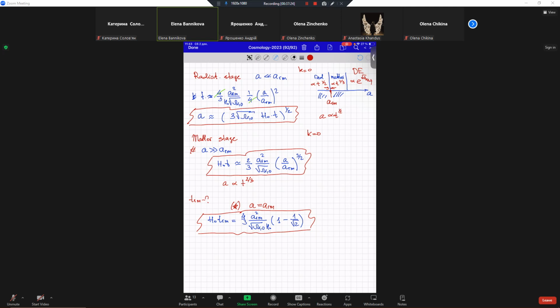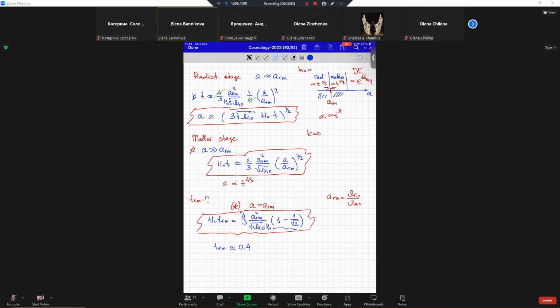And you can also see that again we can write it through omega, because we know that ARM equals omega R0 divided by omega M0. So in this case we can calculate, for example, 4 divided by 3 and this number, so TRM will be approximately 0.4, and instead of ARM we put omega R0 divided by omega M0.